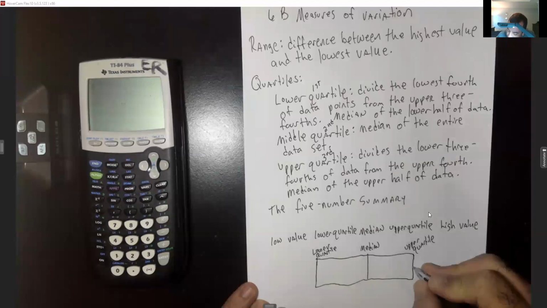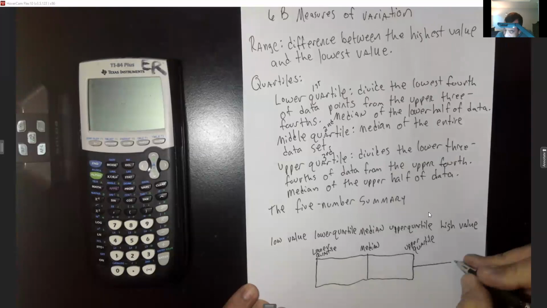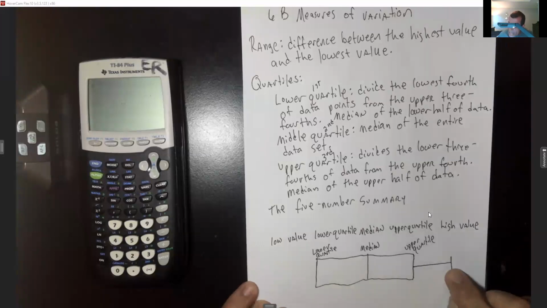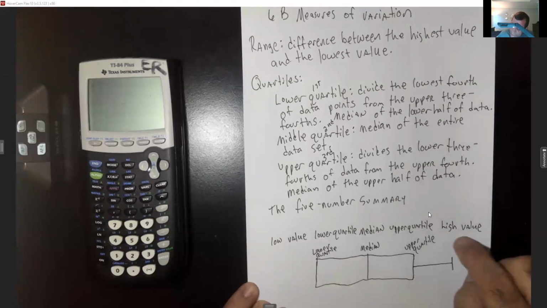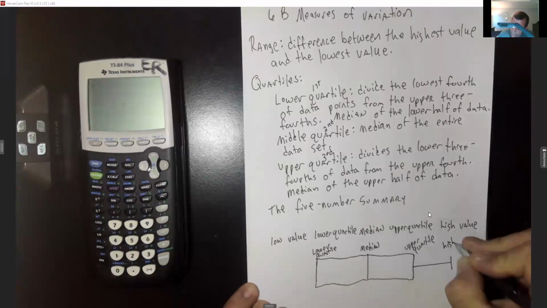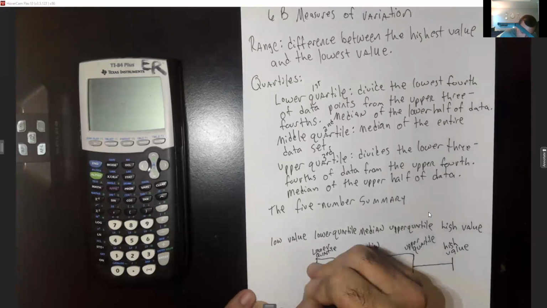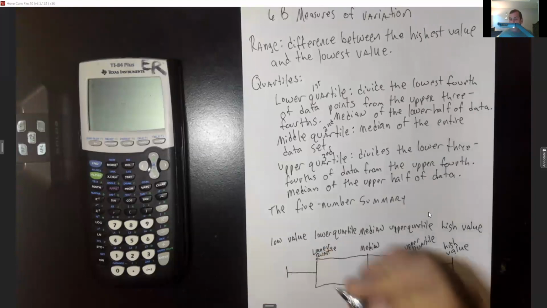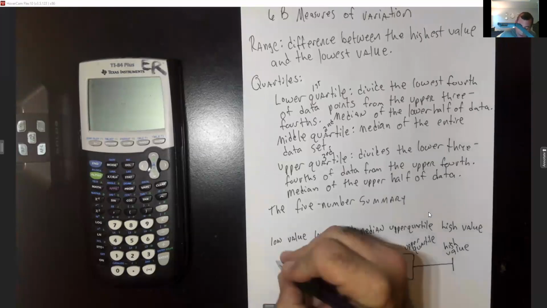And then we'll have a line coming out with a horizontal line right there. This horizontal line will correspond to the high value. And then on the left side, we'll do the same thing, and we'll have a line that corresponds to the low value.